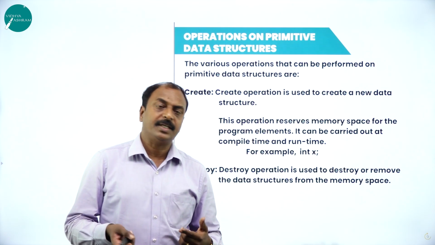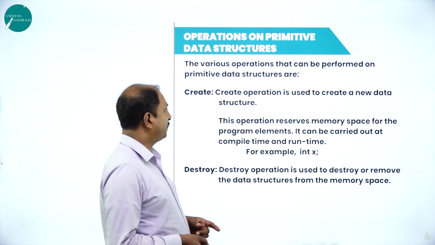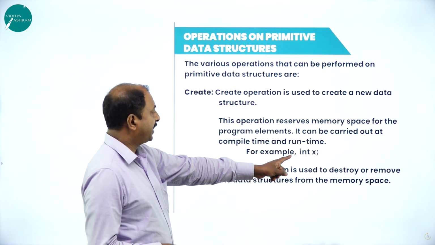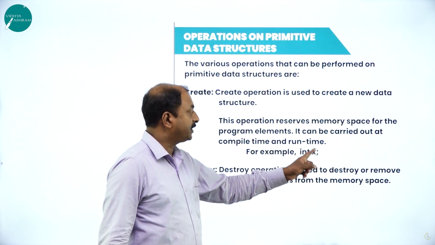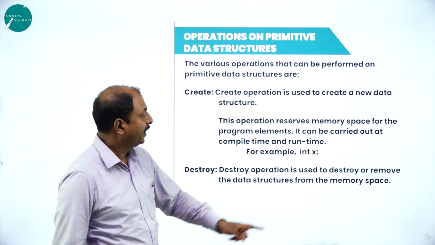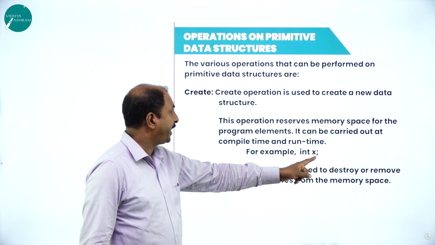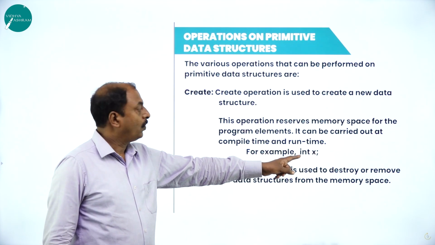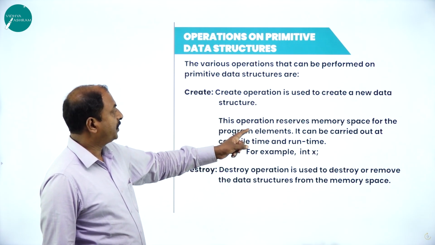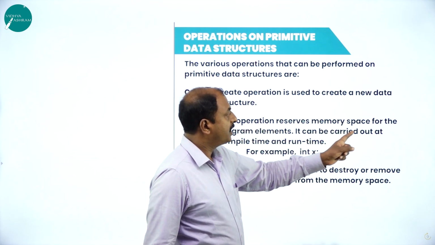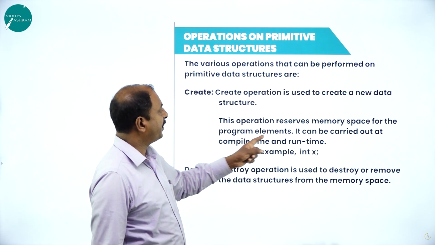We have to create a data structure. How is it possible? This is an example: int x. Here int is a data type, x is a variable or identifier. So int x, if you use this syntax, is going to create one data structure. This operation reserves memory space for the program elements.